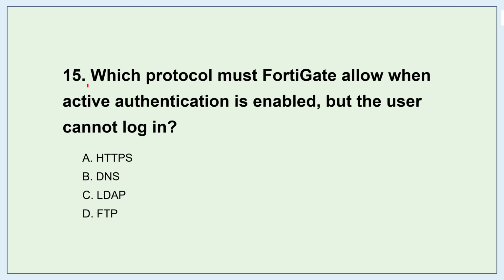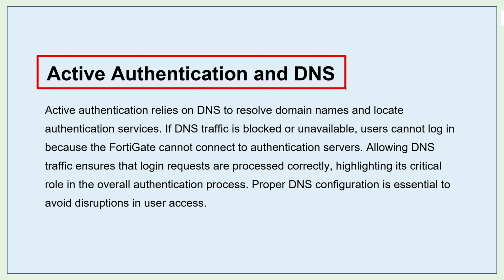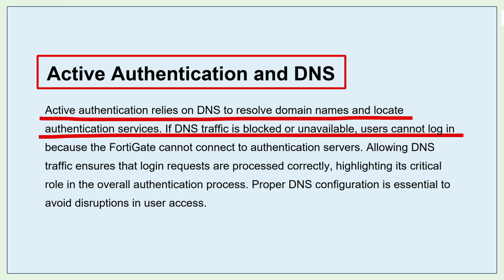Question 15. Which protocol must FortiGate allow when active authentication is enabled, but the user cannot log in? The knowledge points of this question are: DNS dependency and authentication. Active authentication needs DNS to resolve domain names for login services.